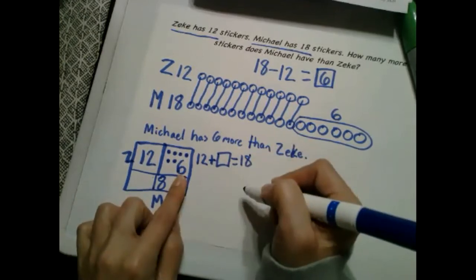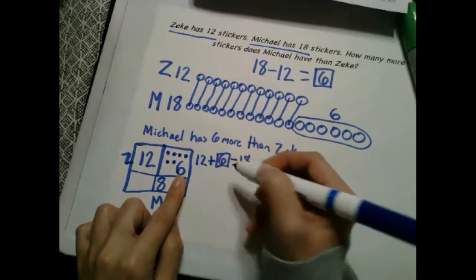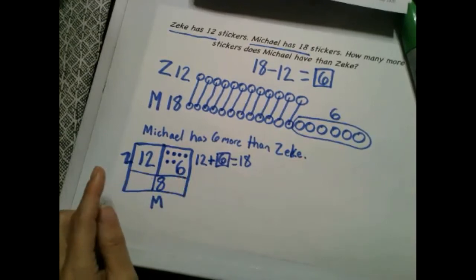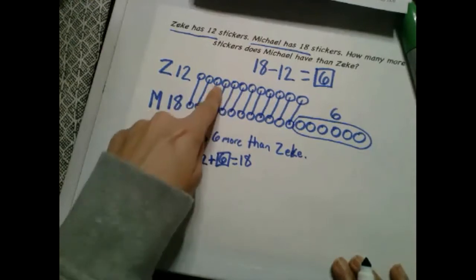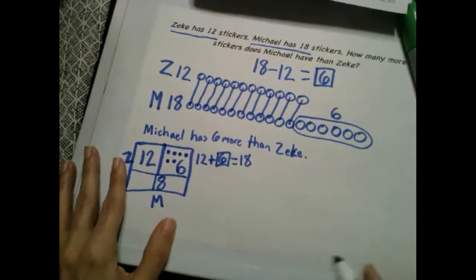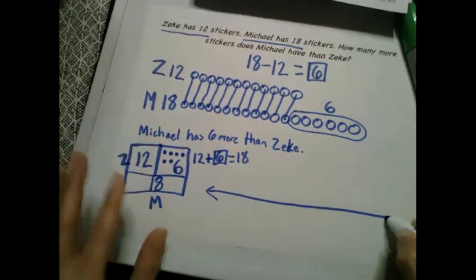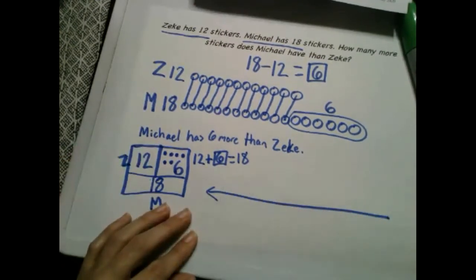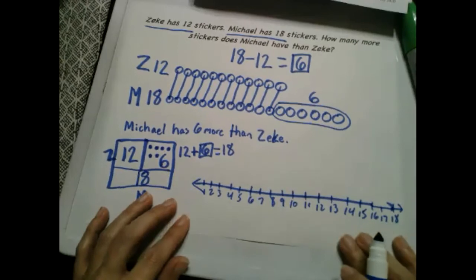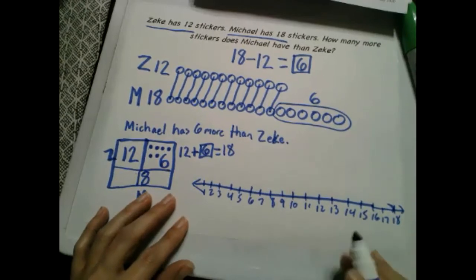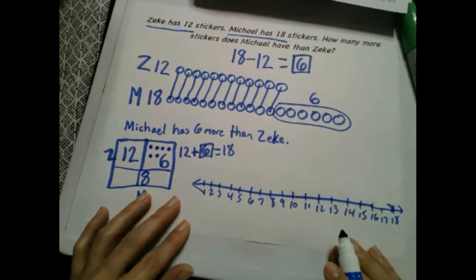And we found out that that something was 6. As always, when we are comparing or solving any type of model, a number line is always a good choice. So I know that I had 18.